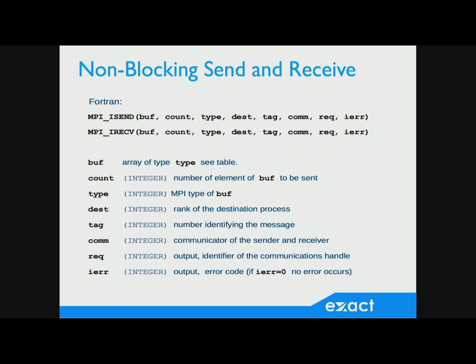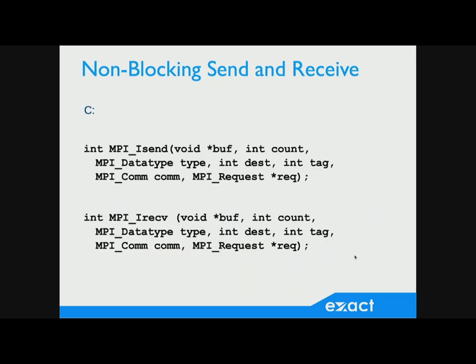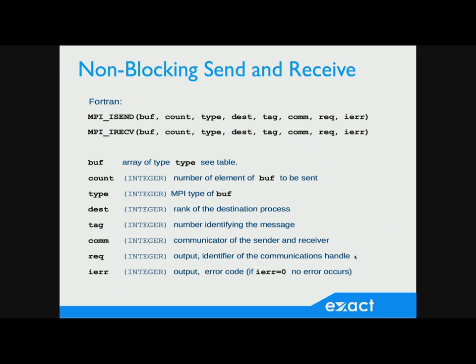Non-blocking send and receive works this way: MPI I send. You see there is a request here, that is the identifier of the communication handler. By means of this request, you can check whether your message has been sent completely or not. So it's similar to the blocking send and the blocking receive, with just one more parameter, this request. And then you can check them.